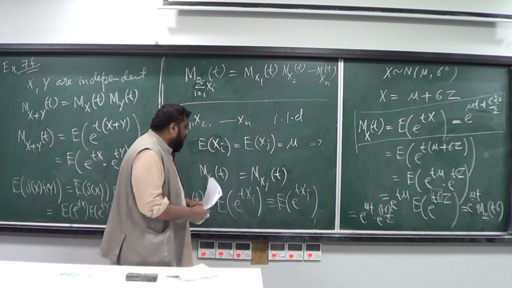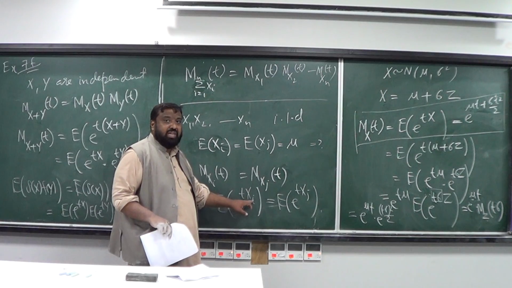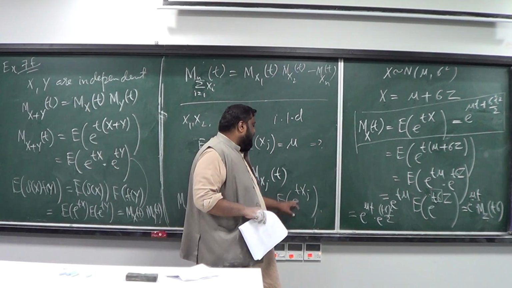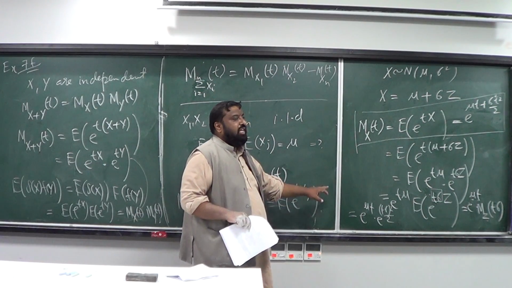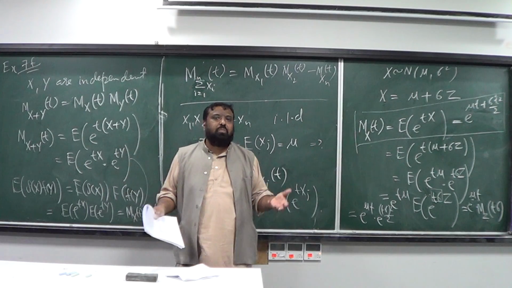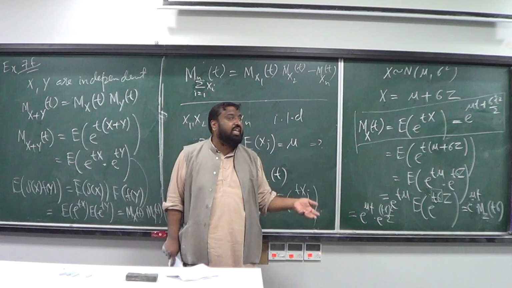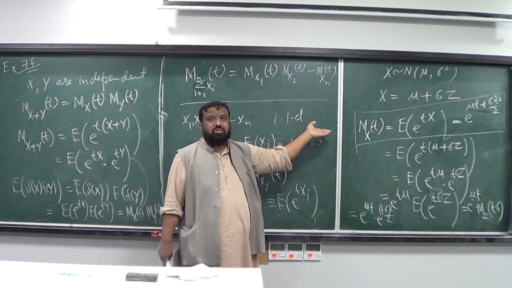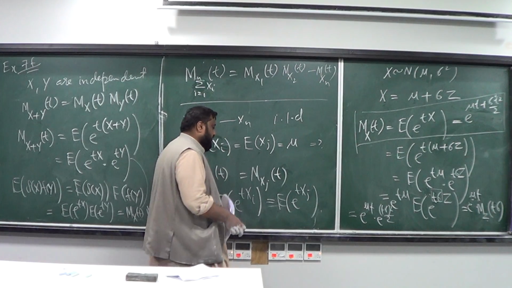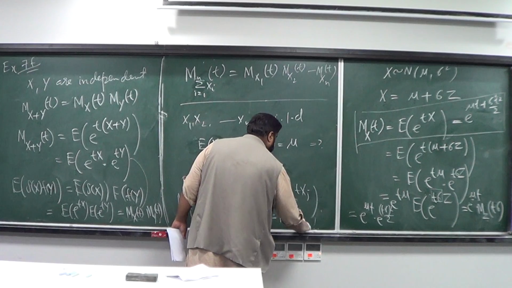In other words, if you compute this expectation, it is e to the tx multiplied by the PDF of xi, and e to the t xj multiplied by the PDF of xj. But the PDF of xi is equal to the PDF of xj. They have the same PDF because they are identically distributed. So these expectations should be equal. So this should be equal to m xj of t.